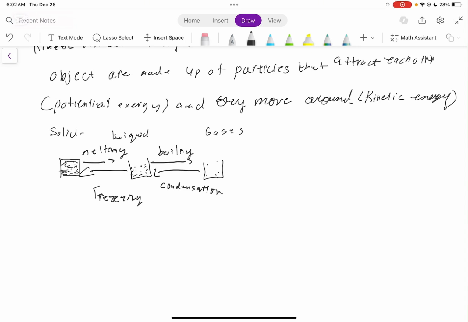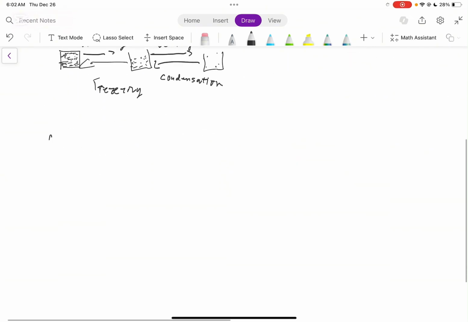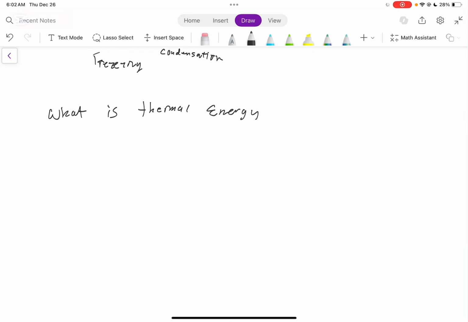So now that we understand that, let's talk about what thermal energy is. Well, thermal energy is basically the total kinetic and potential energy possessed by a substance.